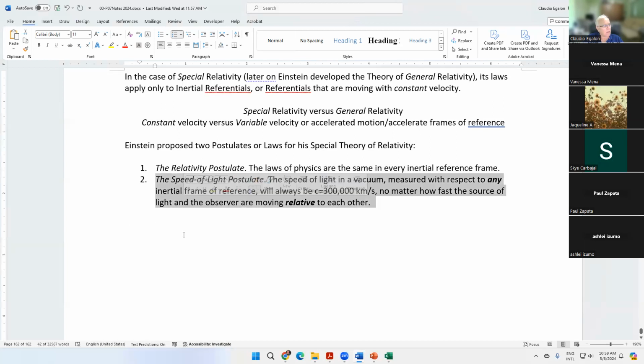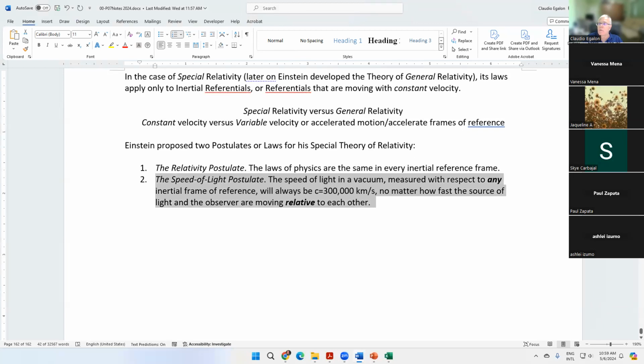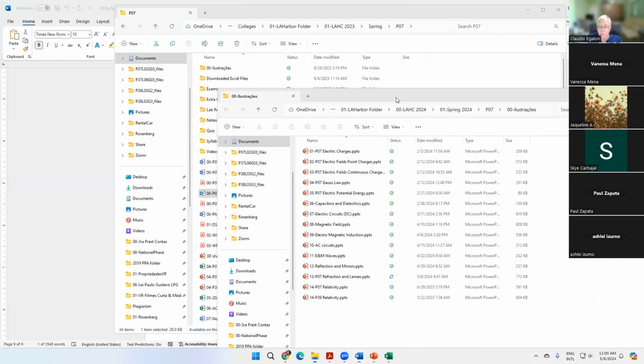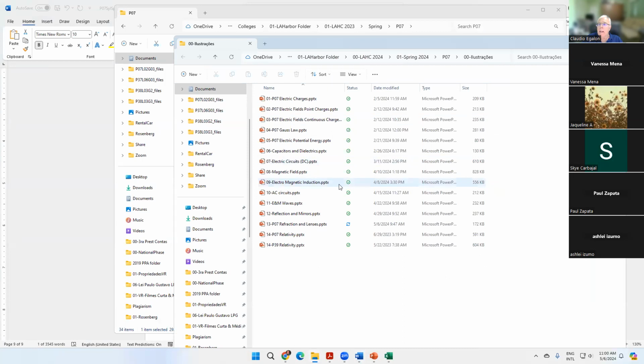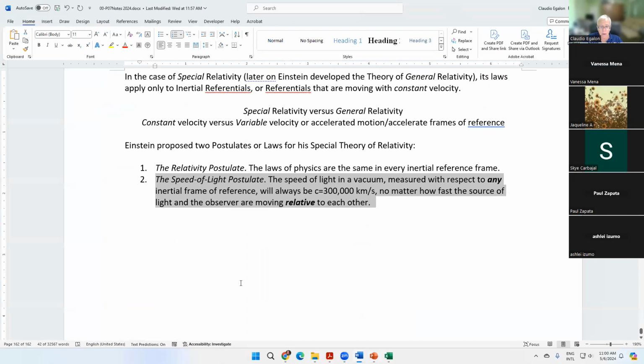That's counterintuitive. And I can illustrate that. Not only is it difficult to see, it's also difficult to accept, because what Einstein proposed at the time was a different way of thinking. We can go back here.